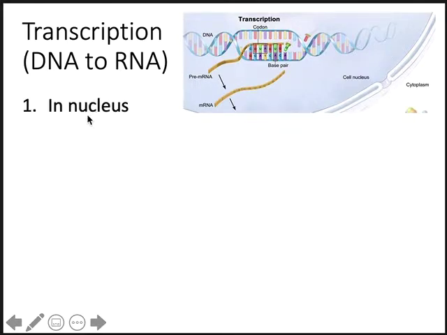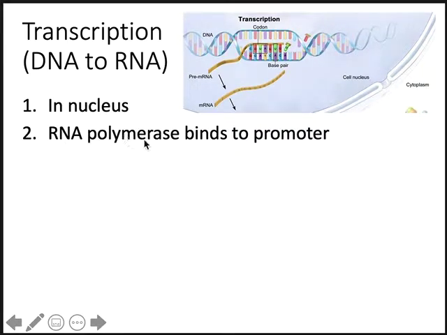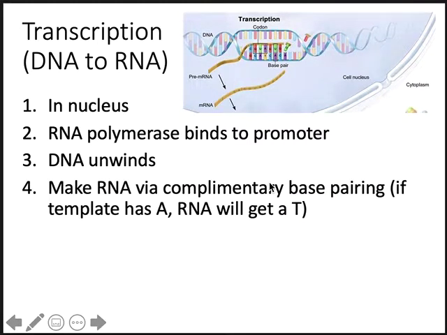So it's happening in the nucleus. RNA polymerase binds to the start, or the promoter, the beginning of the gene. And this will cause the DNA to open up so that you can make the copy. You're going to make RNA in a complementary base pairing system.